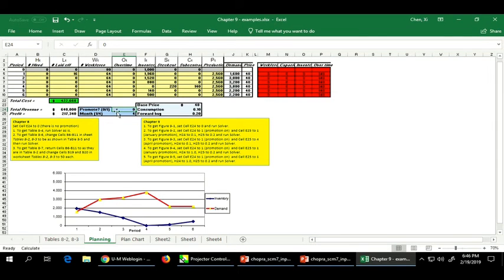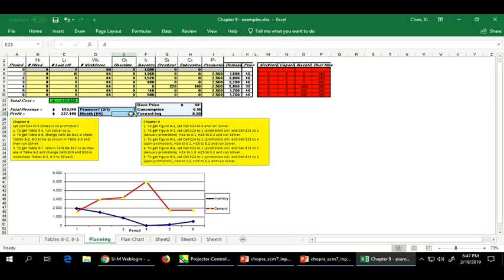This cell is 0 if we're not promoting at all, and is equal to 1 if we are promoting. And this cell says which month are we promoting, right? So what we want to compare are the peak and off-peak months.